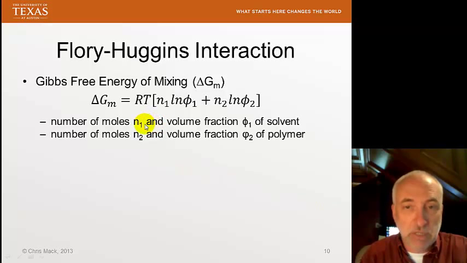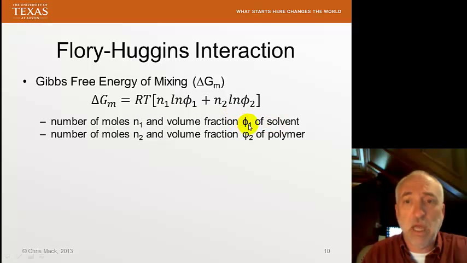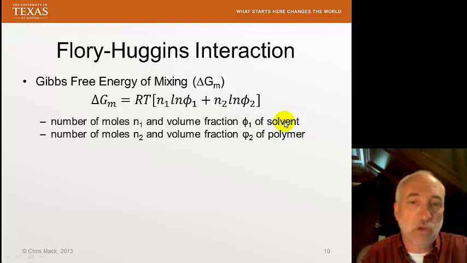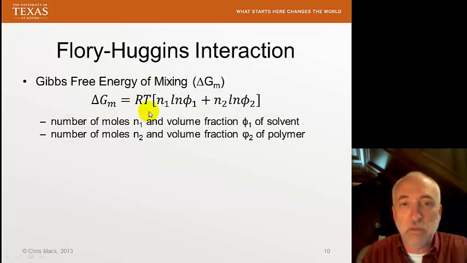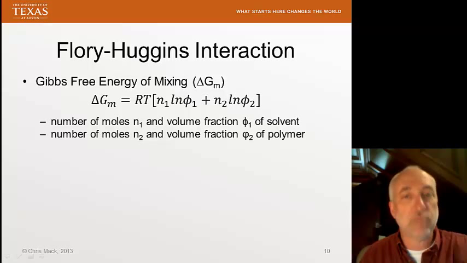So if I have a certain number of moles N1 and a volume fraction Phi1 of the solvent, and then a number of moles N2 and a volume fraction Phi2 of the polymer, the Gibbs free energy of mixing goes like this. R is the universal gas constant, T is the absolute temperature.